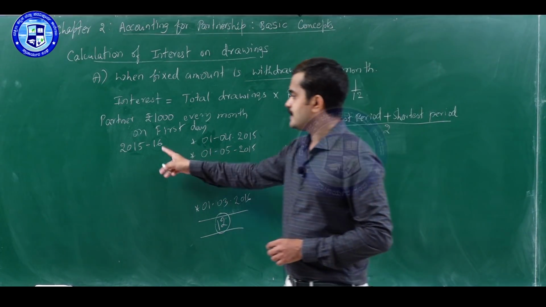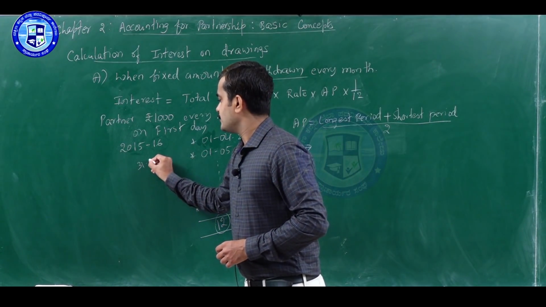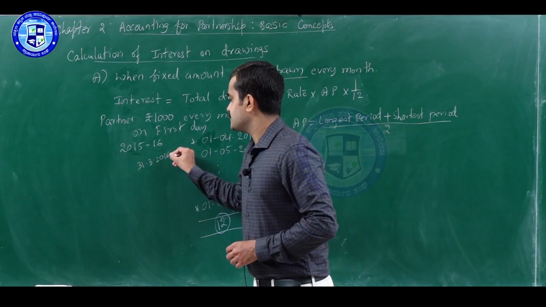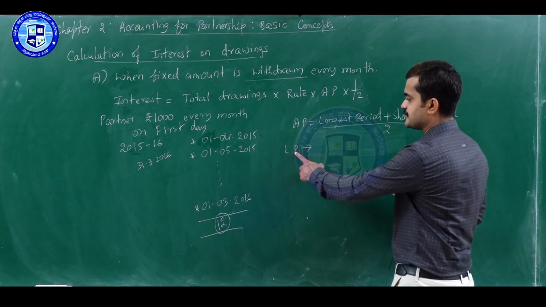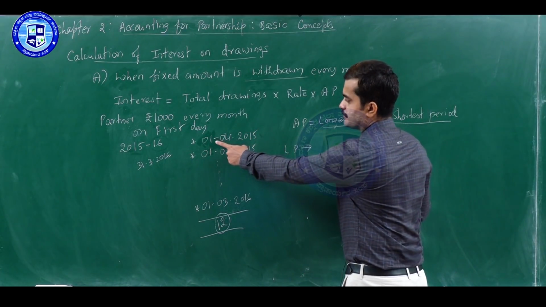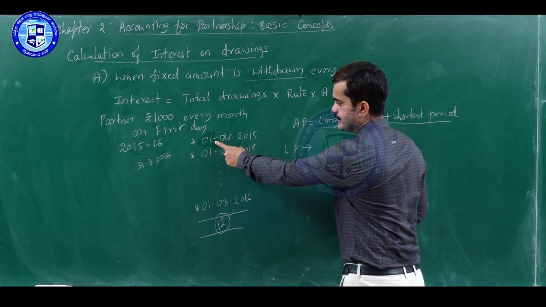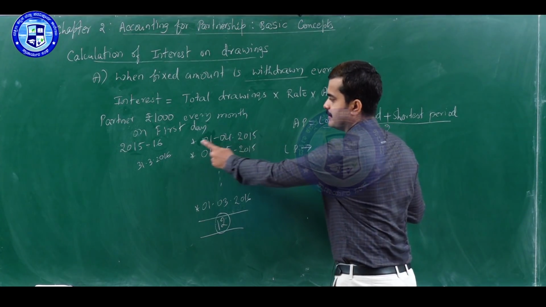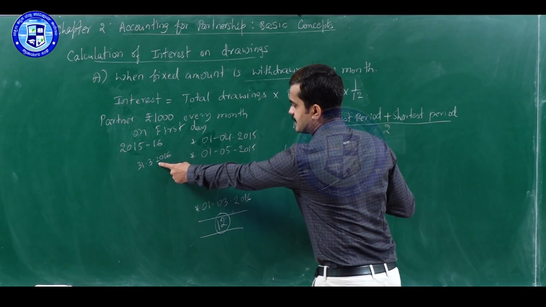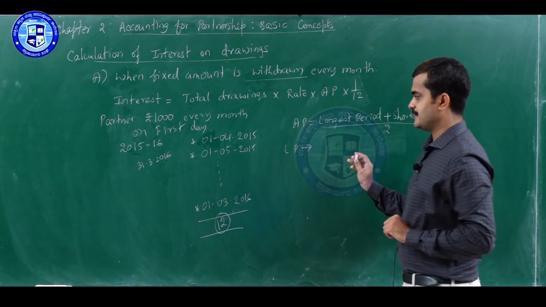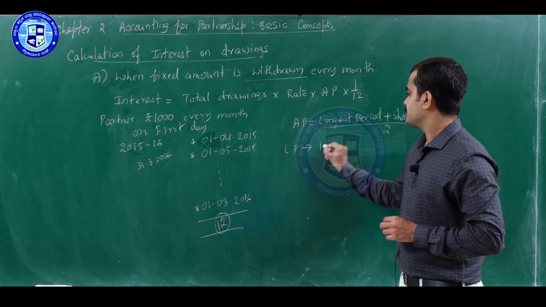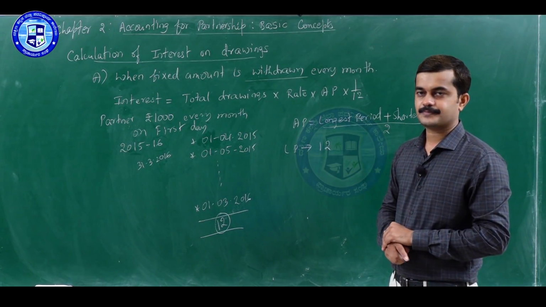In this case the last day of that accounting period is 31st March 2016. So, the longest period here is from the date of first withdrawal, 1st April 2015, to the last day, 31st March 2016. That consists of 12 months.